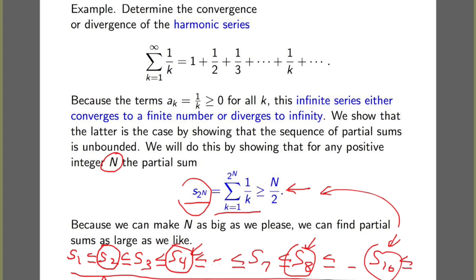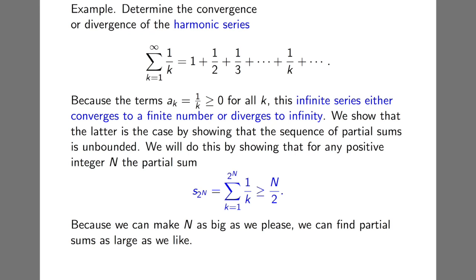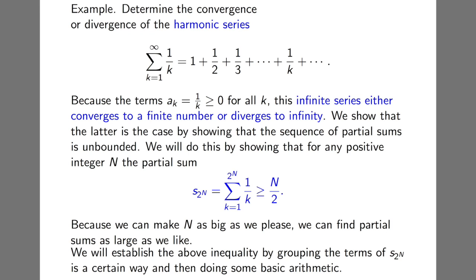So by just focusing on these particular ones, we can convince ourselves that the whole sequence of partial sums is unbounded. So to do that, we're simply going to establish this inequality by grouping the terms of s sub 2 to the n in a certain way and then doing some basic arithmetic. This isn't really hard mathematics, it is a little clever.